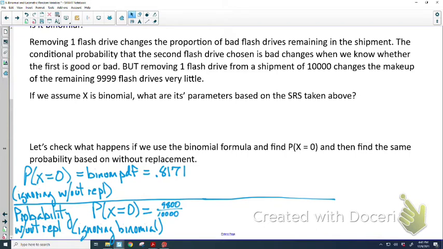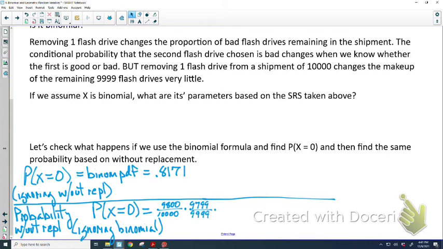That's the first draw. I set it aside and I grab another one. This is 0 bad, probability of X equals 0, drawing 10. So that means I got a good one. So next draw, there are 9,799 good out of 9,999 left.